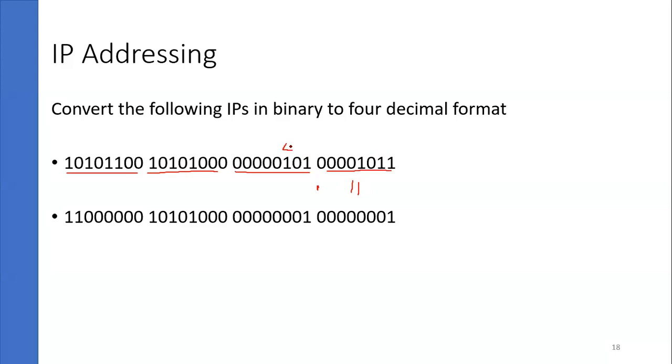This is 4, this is 1, so it's 5. Clear? This is 1, this is 2, this is 4, this is 8. We are considering only the ones: 8, 2, 1. 8 plus 2 plus 1: 8 plus 2 is 10, 10 plus 1 is 11. Then 4 plus 1, it's 5, because 0 is not considered.